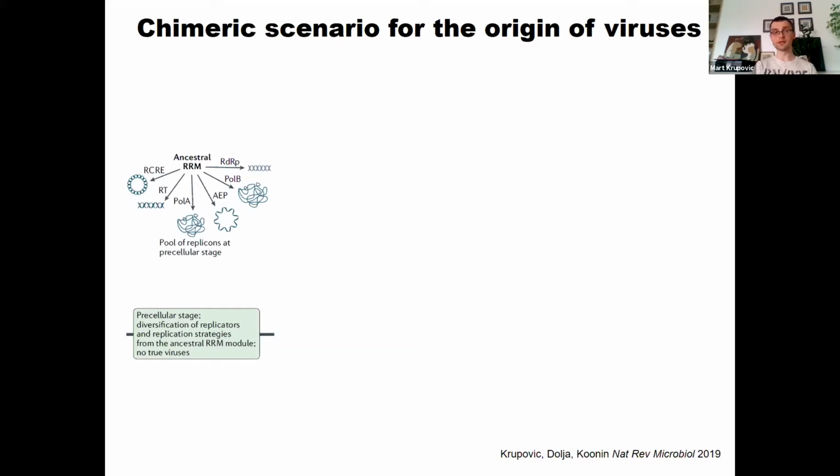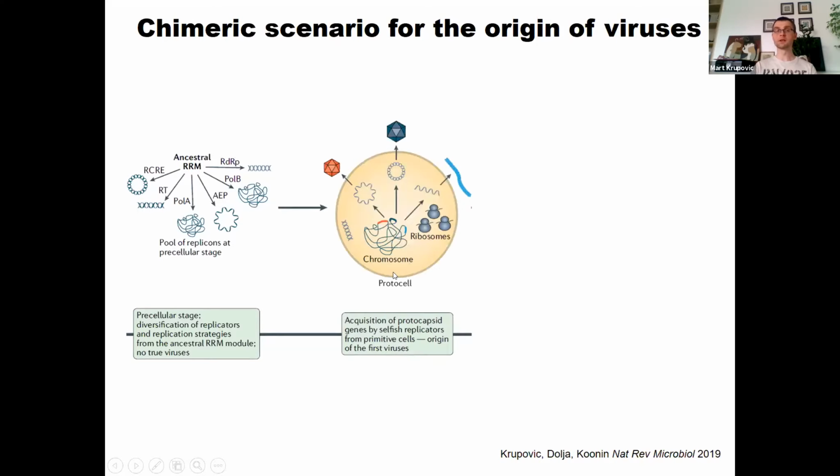Some of the replicons in this pool went on to become cellular genomes, whereas others remained as parasites, similar to contemporary plasmids or transposons.